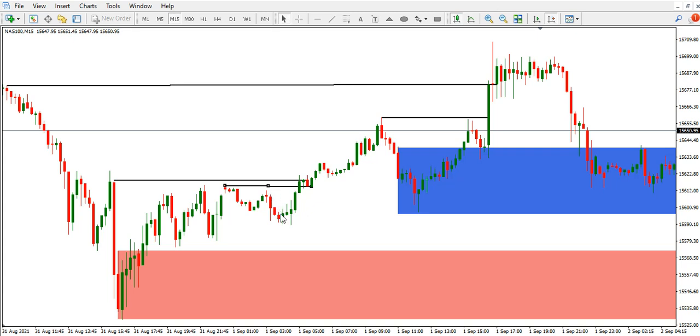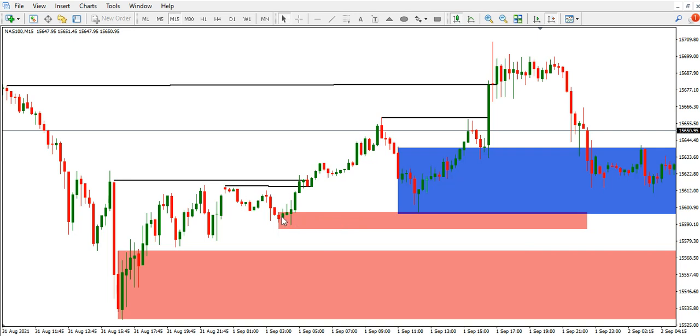So we have a microstructure inside a macro on M15. We have a macro structure and a microstructure in M15, and immediately whenever we see the break of market structure, we highlight the order block immediately. So this is the order block after this break of market structure.